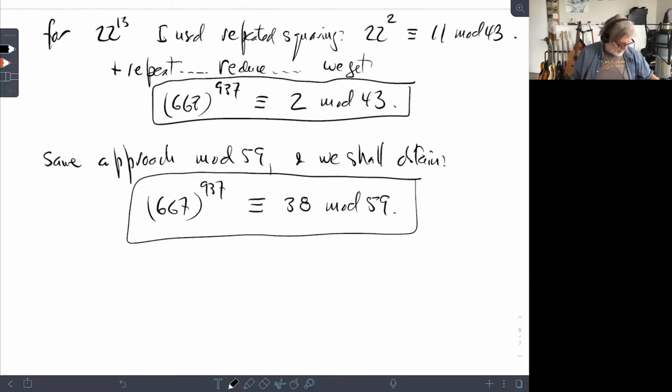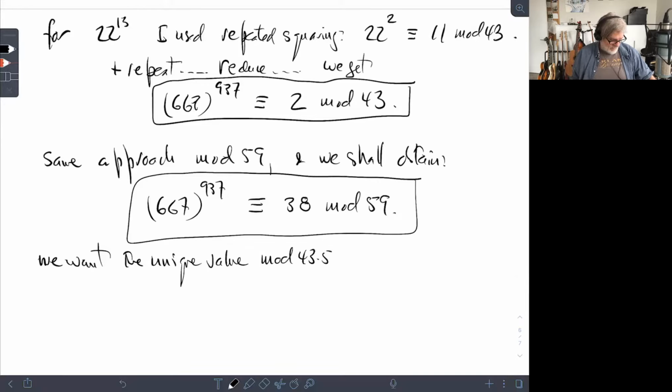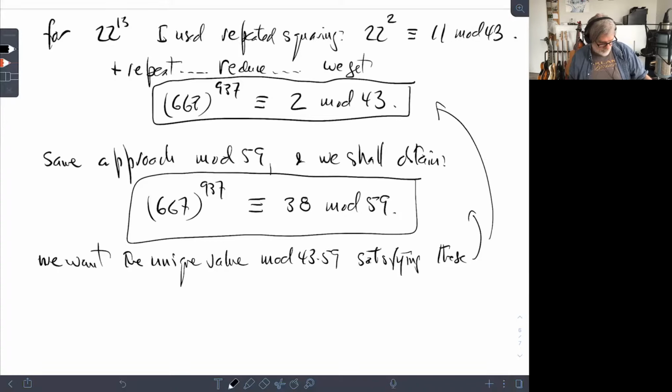So now we want the unique value mod 43 times 59 satisfying these conditions. Okay, Chinese remainder theorem.